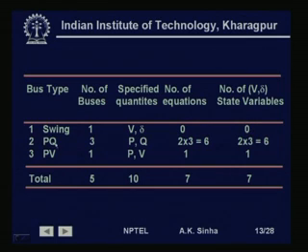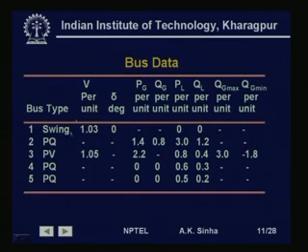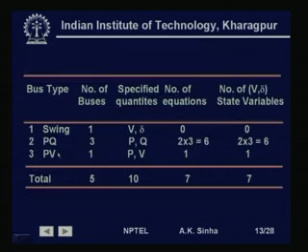The other type of buses are this PQ bus. Now, how many PQ bus we have in this system? If we go back, we see that we have bus number 2, bus number 4 and bus number 5 as PQ buses. So, we have 3 PQ buses in the system. At PQ buses, what we have specified quantities are both P and Q, that is real power injection and reactive power injection are specified. So, how many equations we need to write at these buses?